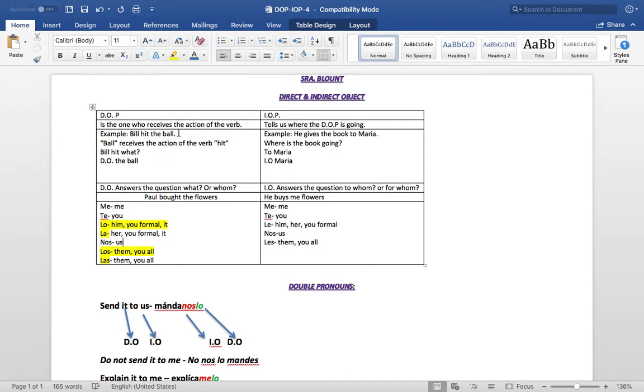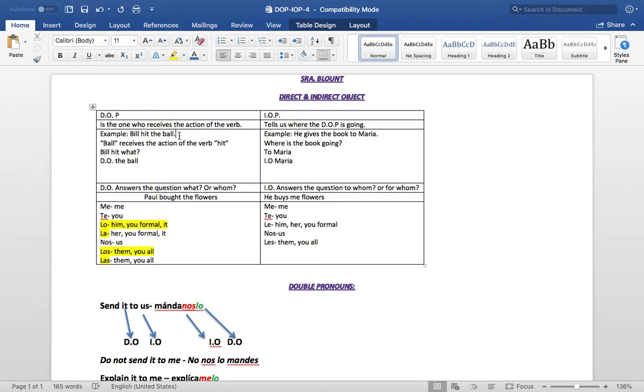So we go back here. Bill hit the ball, and you say, I don't know which one is the direct object. I don't know what I'm going to replace with these pronouns. So I ask in my head, what is Bill going to hit, or is hitting? And the answer is the ball, right? And the ball will be "it."